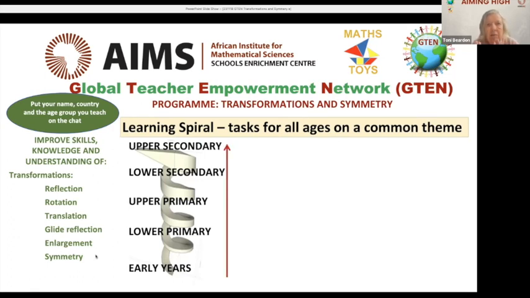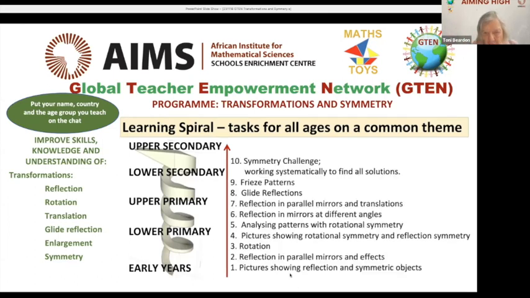And we're going to be climbing up this learning spiral round and round. We're going to start right at the bottom here with what we might do as teachers with young children, which will involve pictures and talking about the pictures. Then we'll come on to reflection, looking at mirrors and seeing what the effects of reflection are, and then rotation. Then we're going to have some pictures showing rotational symmetry and reflection symmetry and analyzing those pictures and those particular transformations.